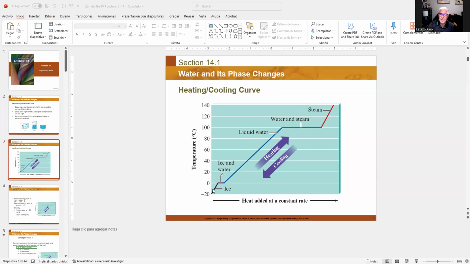As you can see, the temperature remains constant while there is a change of a state from the solid to the liquid. The temperature is constant. And the same happens during the change of phase between a liquid state and the gas state. This curve can study the heating or the cooling process.